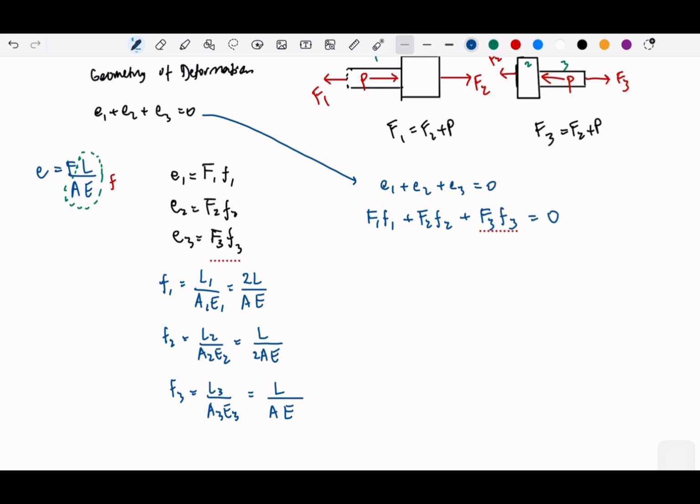So F1 I will change to F2 plus P, and the f1 is 2L over AE, plus F2. So I think we can compute F2 from this first one. This will be L over 2AE times F2 plus P, plus F2 term, and F3 is L over AE.